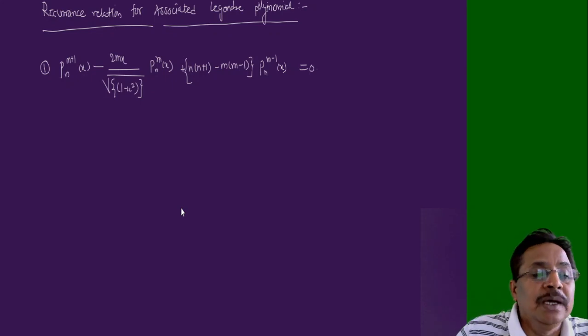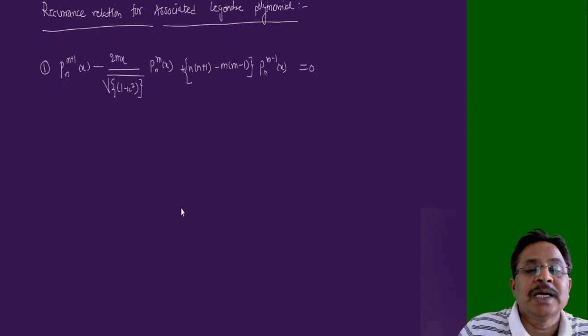So this is Pn m plus 1, this is Pn m of x, and this is Pn m minus 1 of x.